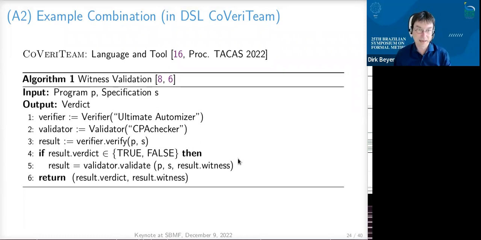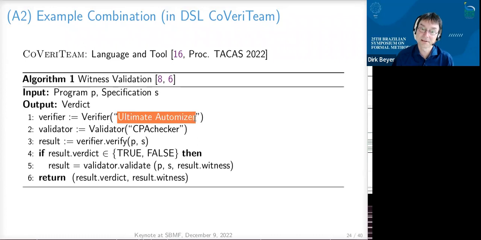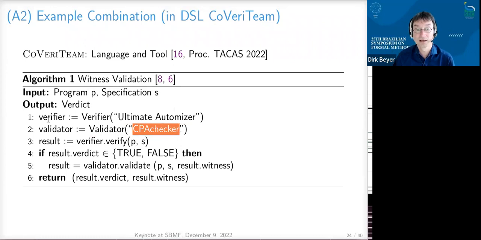And this is a domain-specific language which is tailored to this particular task. So for example, you can instantiate a verifier from this given verification package. You can instantiate a validator from this given package and store them in the variables. So the variables here have the type actor, right?